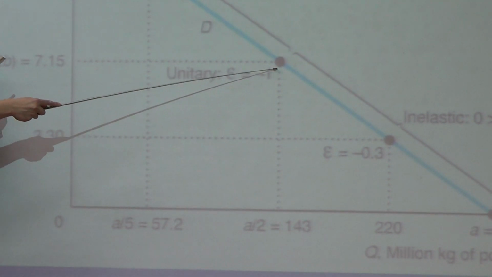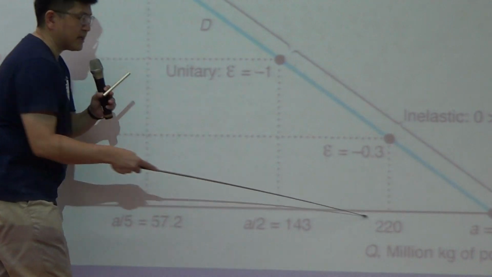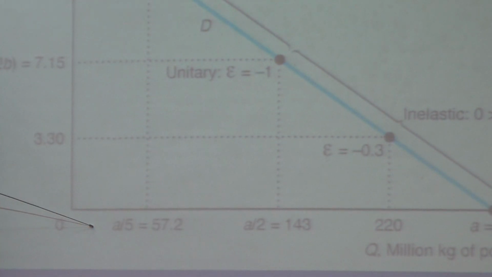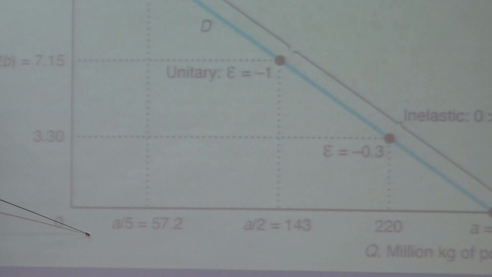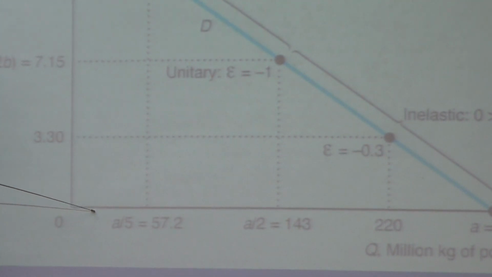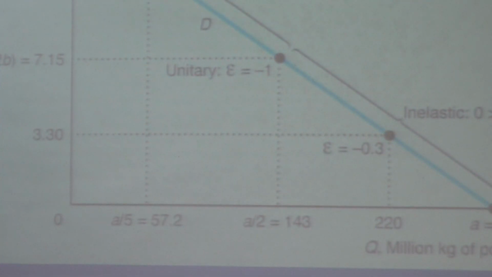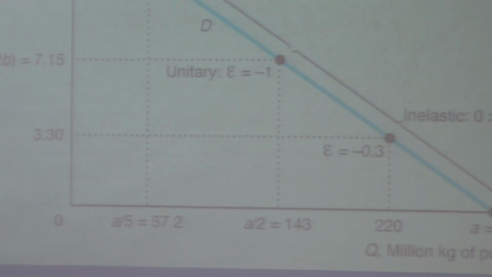And because this is the midpoint, these two line segments equal each other. And when you divide tangent by this slope, it will be 1. Is that clear?